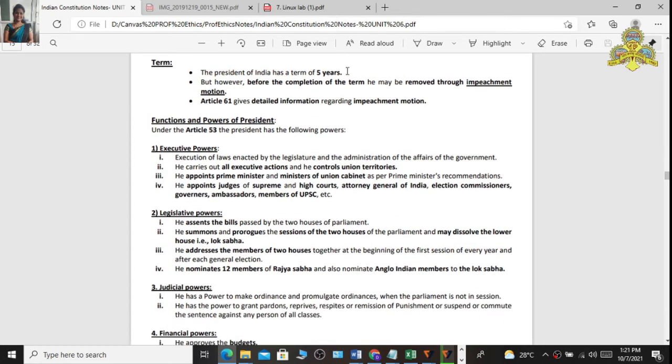Term is 5 years. However, before the completion of the term, the president may be removed through an act called impeachment motion. Article 61 explains about impeachment motion through which the president can be removed.